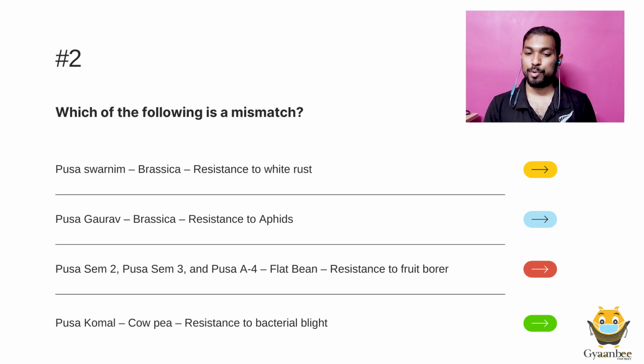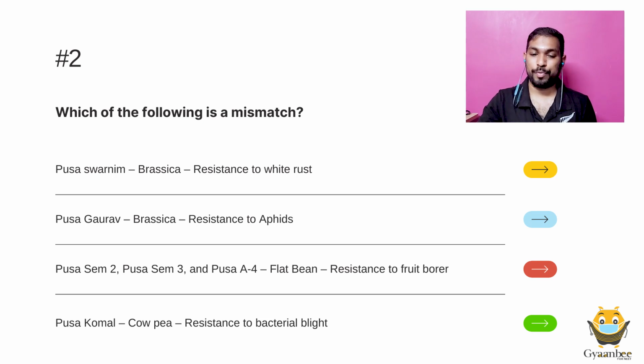Option 2, Pusa Gaurav, Brassica, resistance to aphids. Option 3, Pusa Sem 2, Pusa Sem 3 and Pusa A4, flat bean, resistance to fruit borer. And option number 4 is Pusa Komal, cowpea, resistance to bacterial blight.